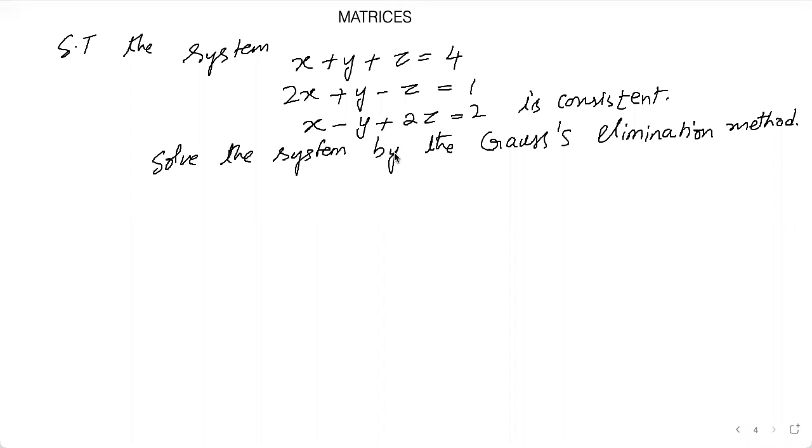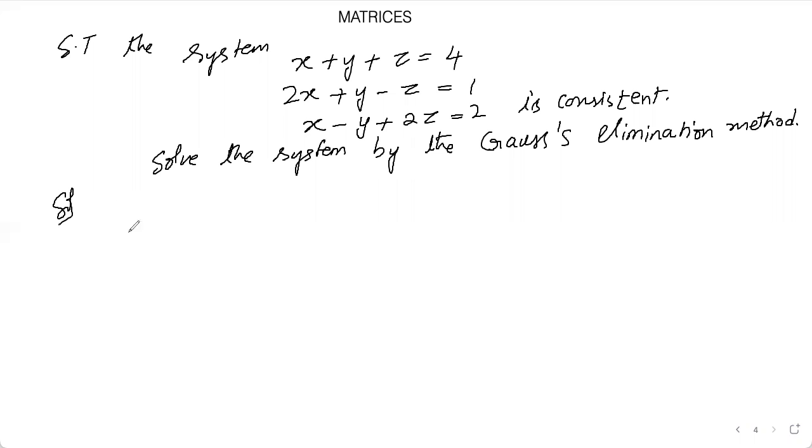Okay, so we have been given x, y, z, the unknowns. We have to find the solution corresponding to that. Okay, let us start. Now, for the given system, the coefficient matrix and the augmented matrix are, let us first write down.